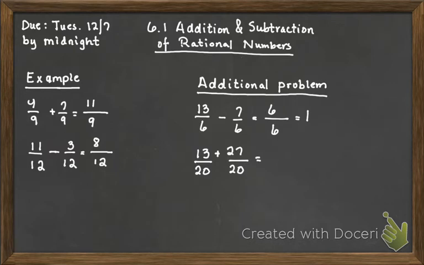Okay. Notice that they are top heavy. Doesn't matter. Leave them like that. Your denominators are common. Carry it over. 13 and 27 is 40. So again, with this fraction being a reducible fraction, 40 divided by 20 is 2.